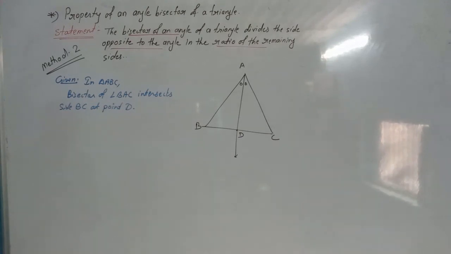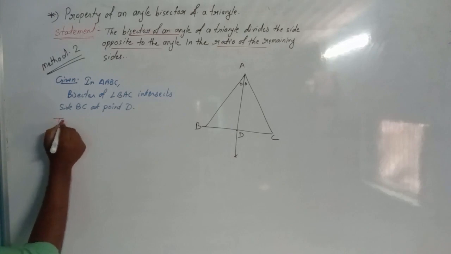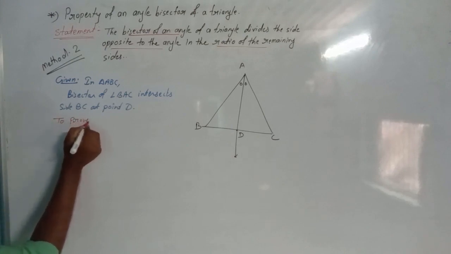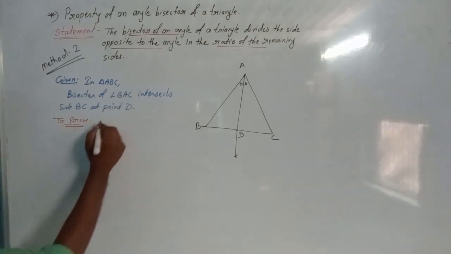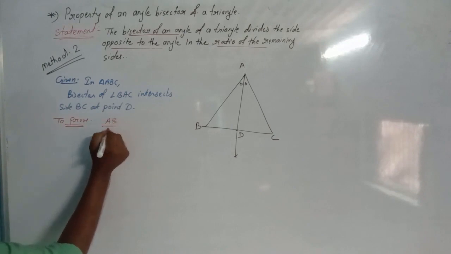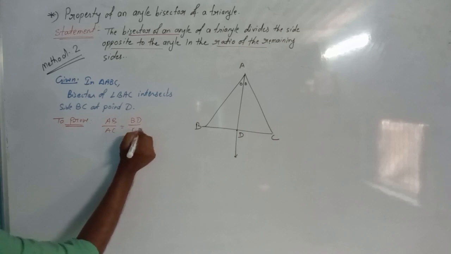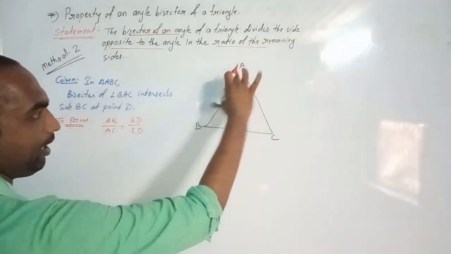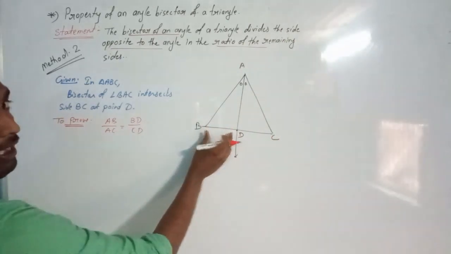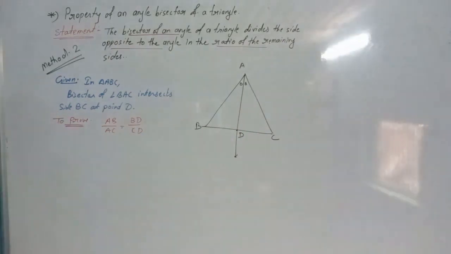To prove, the same: AB upon AC is equal to BD upon CD, or DC we can write. AB upon AC is equal to BD upon DC.